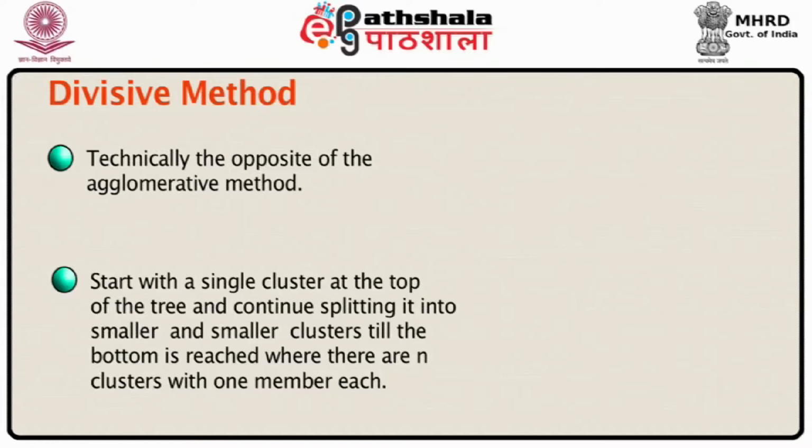Let's look at an example. Suppose this is the top of the tree and suppose there are 7 individuals in this cluster. So all of the 7 individuals are clustered together at the top of the tree here. And then we divide this into 2 branches. Then again the first branch is divided into 2 further branches.